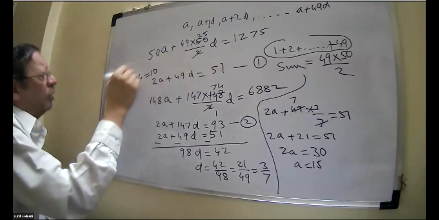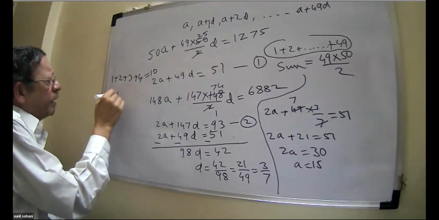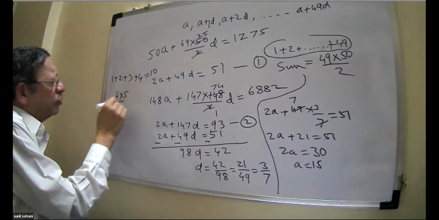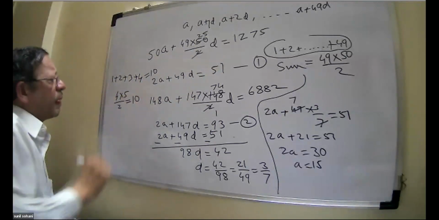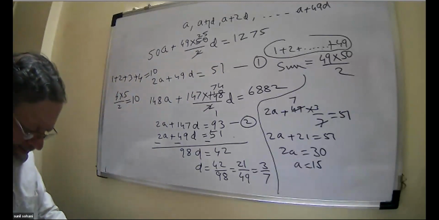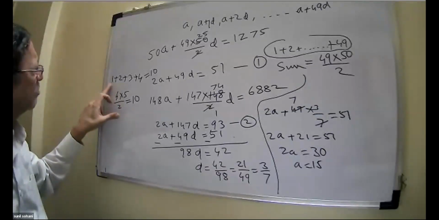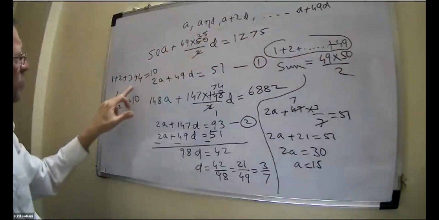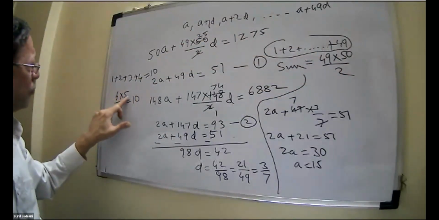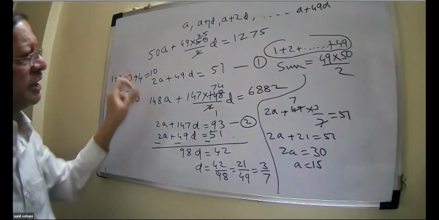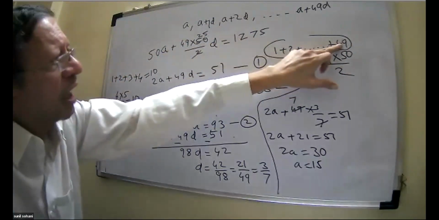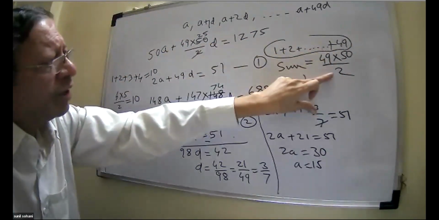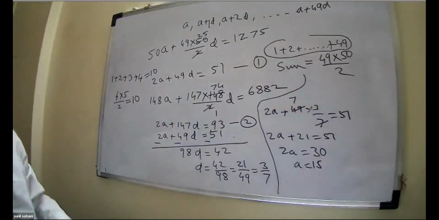Let me use my rule. The last number was 4 into the next number is 5 divided by 2. This answer is also 10. So we are using this shortcut to find the sum of the numbers from 1 to 49. Same theory I used here: last number is 49, next number is 50 divided by 2 will be the sum.